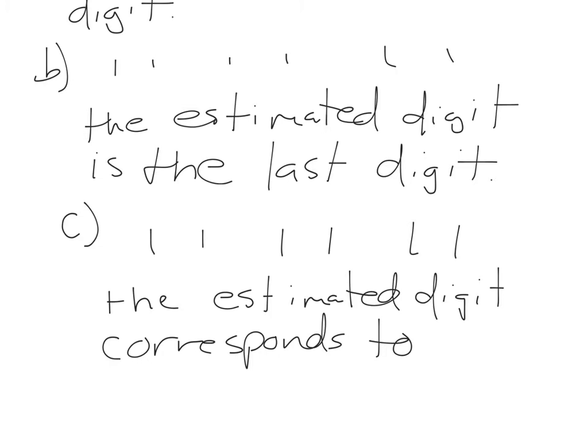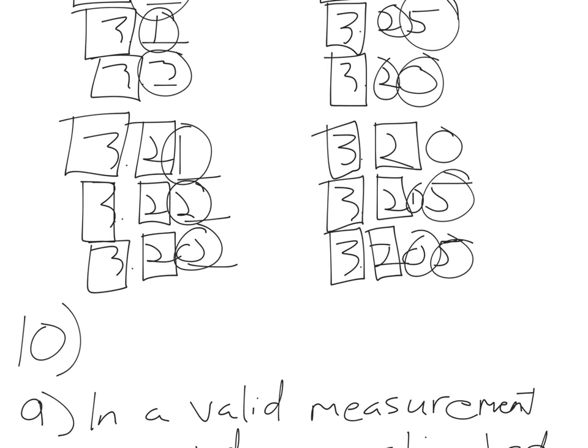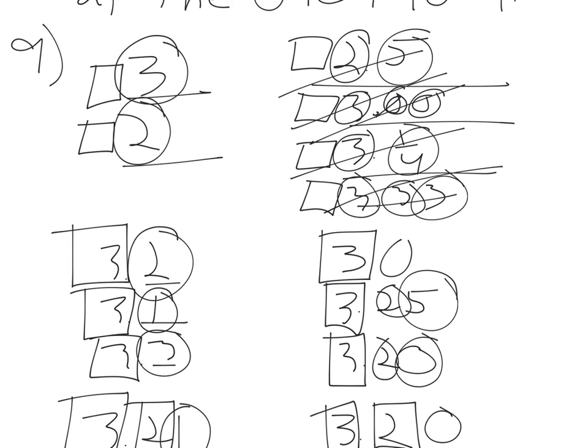So we're comparing the estimated digit to the smallest mark on the instrument. Here the estimated digit was the ones place, and ruler A did not have values at the 1s. It had 0 and 10. Those were the only 2 markings on ruler A. So it had values every 10, or the tens place were marked, and the estimated digit was the ones place.